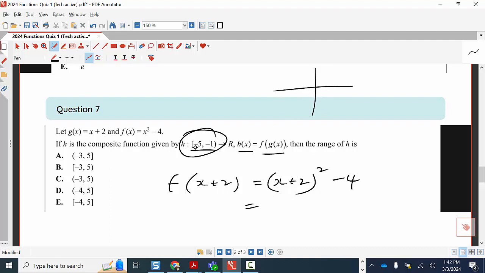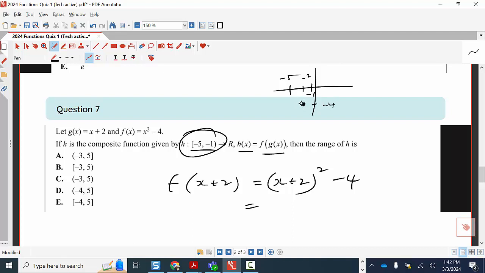Now it goes from negative 5 to negative 1. What we can see here is that they've given us the turning point when we form the composition. It's going to be at negative 2, negative 4.